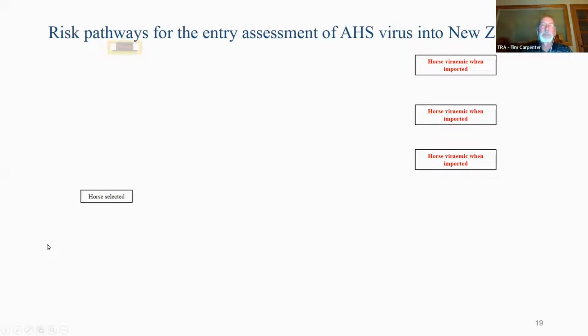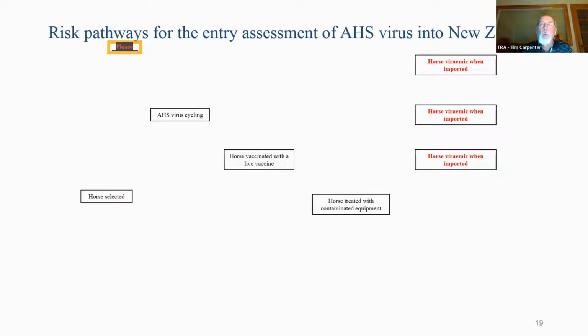So important steps to consider along the way are, is AHS virus cycling in your country or the region of Southern South Africa? Is the horse recently vaccinated because of the potential of reversion of that virus could become lethal? Or has the horse been treated with contaminated equipment where we might have iatrogenic transmission of the virus?